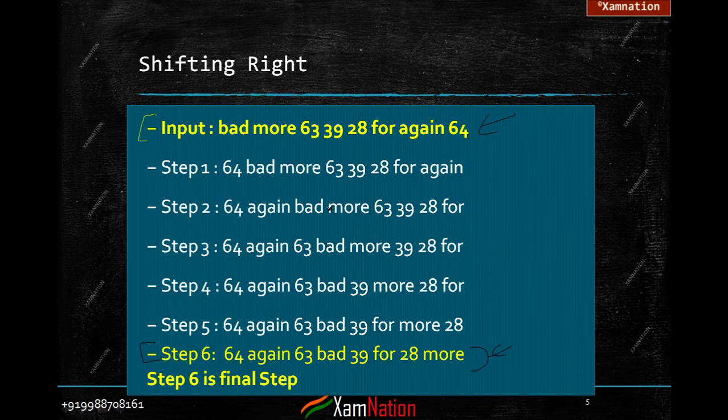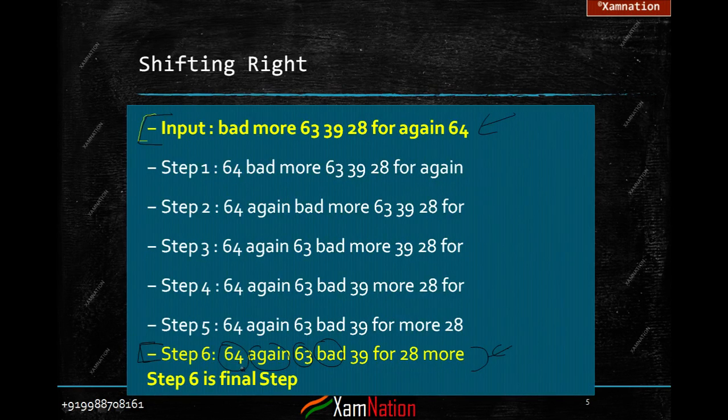Now carefully observe only the first input and output, that is step 6. Here you can see the final output: 64, again, 63, bad, 39, 4, 28, more. So what is the final output? One thing you may be observing is that it alternates between word and number. First a number, then a word, then a number, then a word, and so on.